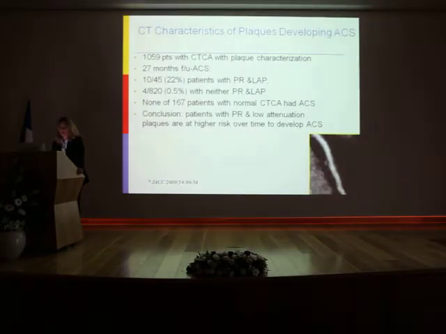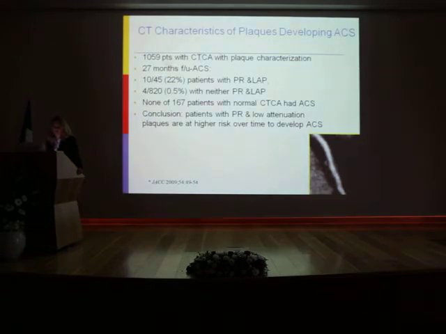which might change the future of this patient. And very nicely, Motoyama has shown in over 1,000 patients, when they analyzed the plaques on CT coronary angiography and followed up for acute coronary syndrome for more than 2 years, there were 45 patients who had this kind of plaque, the low attenuation positive remodeling plaque. 10 out of 45 patients, 22%, had acute coronary syndrome during the 2-year follow-up, while of the other 820 plaques with neither feature, there were only 4 events, and none of the 167 patients with normal coronary arteries had acute coronary syndrome.